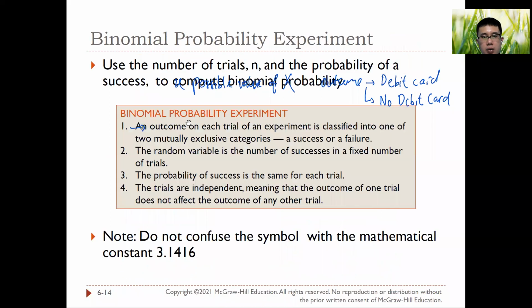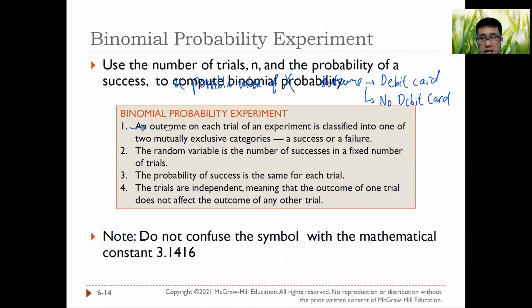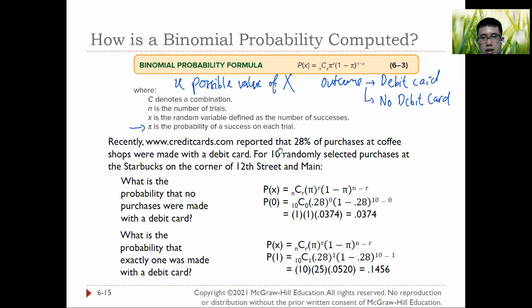And then next, the number of trials is fixed, and we know this number because we select 10 pieces. So our n here is 10. This is fixed and known.